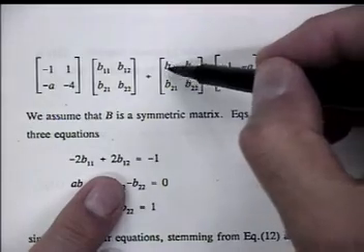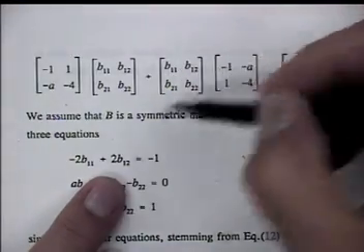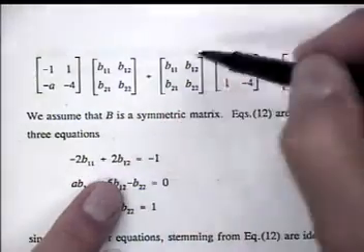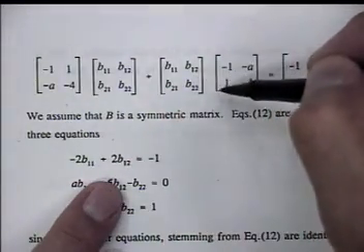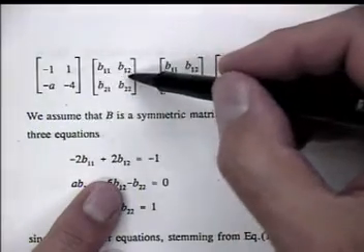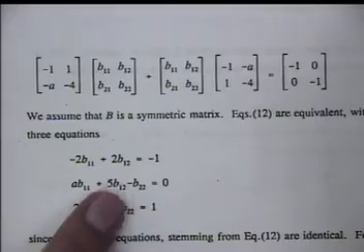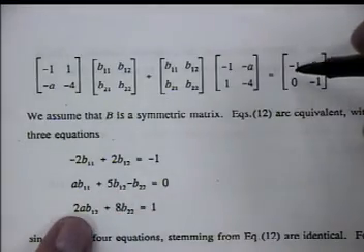Now here is B11 times minus 1. That will be added to it. I will get minus 2 times B11. B12 times 1 will be added to 1 times B12, so it will be 2 times B12 equals minus 1. That is the first equation.